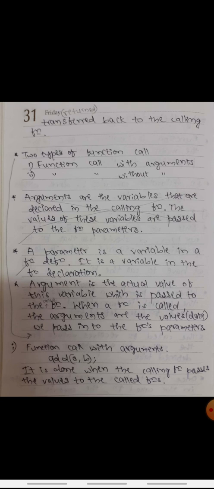So let us see the specific meaning of these parameters and arguments, when we should call these variables as parameters, when we should call these variables as arguments. When we write a function declaration, we should call them parameters.